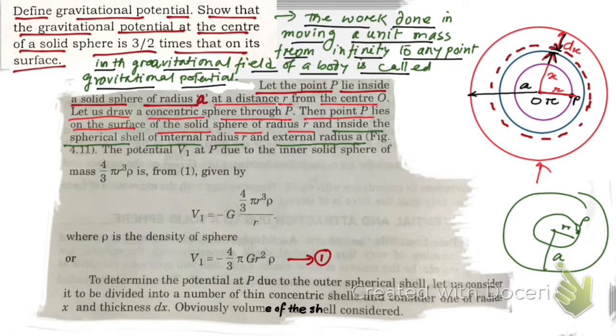Now you see the potential V1 at P due to the inner solid sphere. If you consider the inner solid sphere, the potential at P due to it is, suppose, V1.